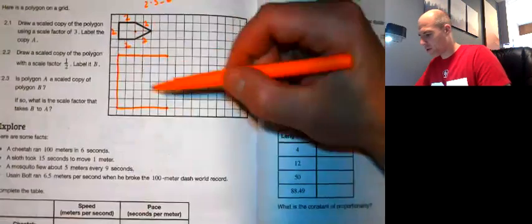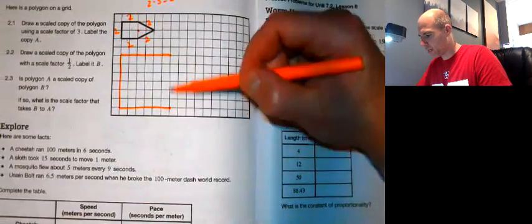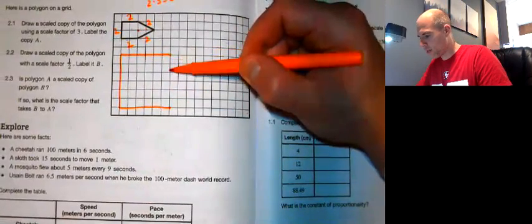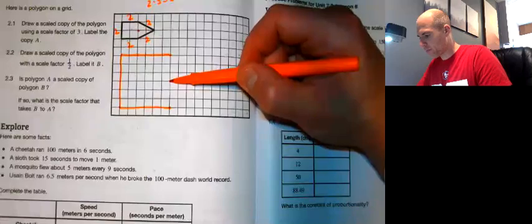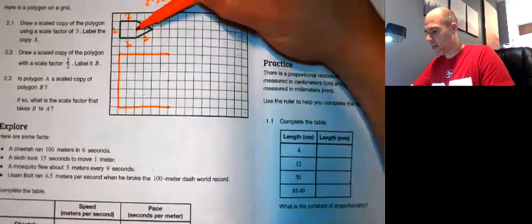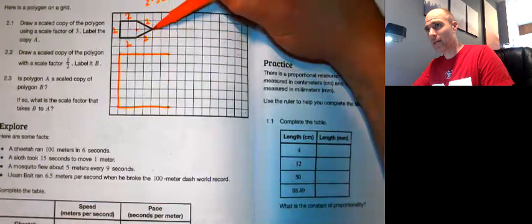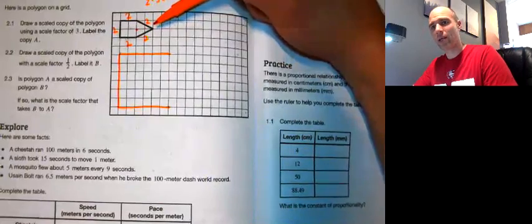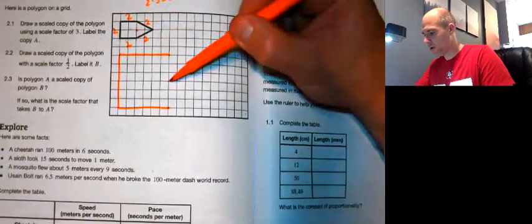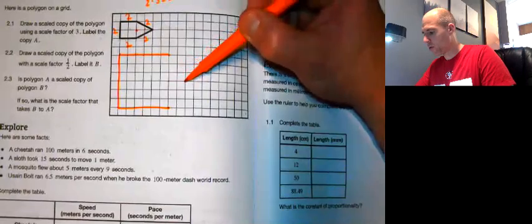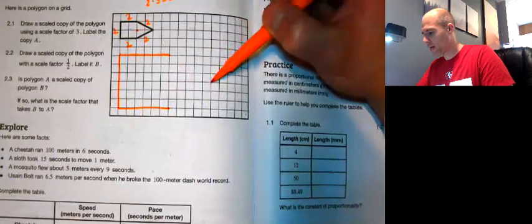So let me find the vertical center of these 2 points: 1, 2, 3. Since from this center point to this vertex is 2 boxes, with a scale factor of 3, in my scale drawing it needs to be 6 boxes. So 1, 2, 3, 4, 5, 6.